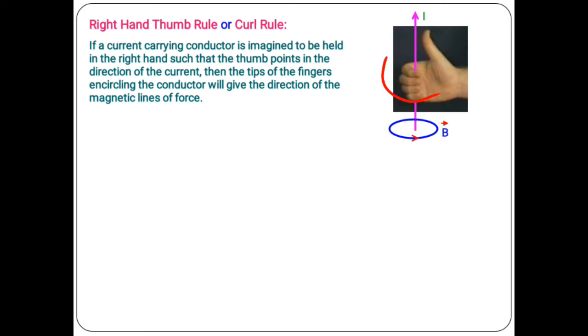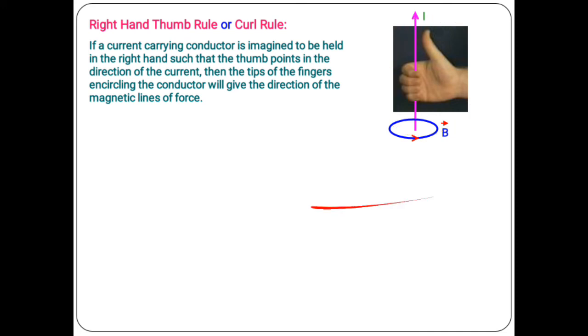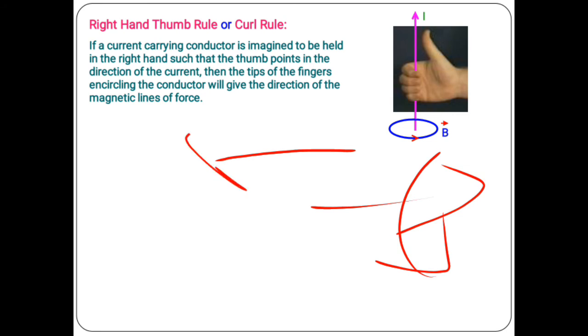All three laws give the direction of the magnetic field. In this case, if the current is in this direction, the direction of the magnetic field will be anti-clockwise. Suppose the current flows in this direction, then it is given by the clockwise direction.